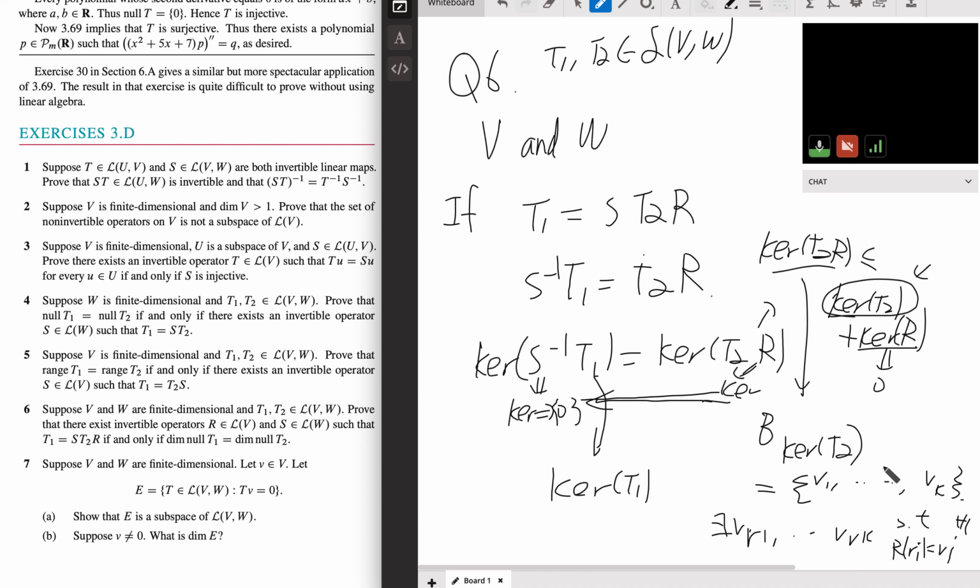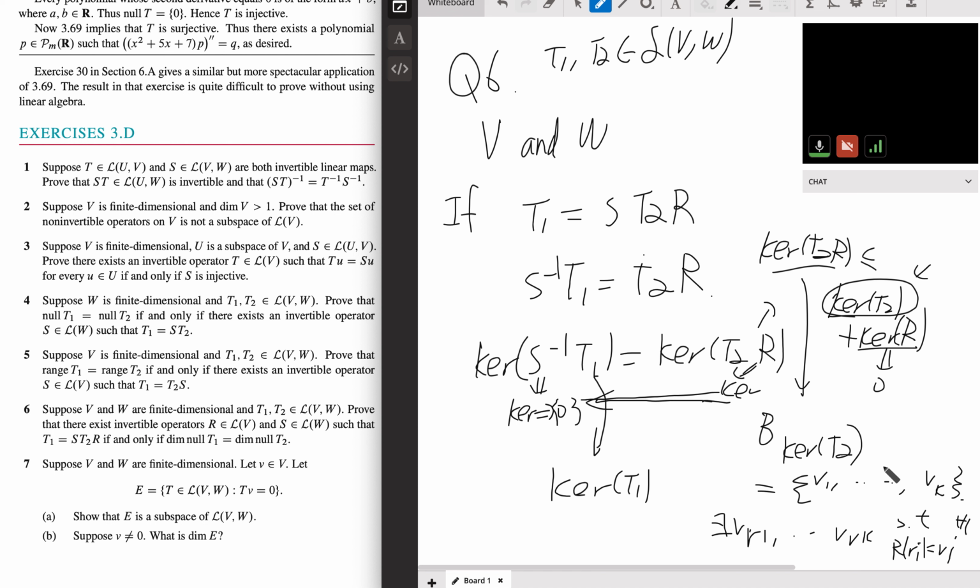And then it remains to show that vr1 through vrk are in fact linearly independent, which is the tough part. But v1 through vk is a linearly independent set. So if vr1 through vrk map to v1 through vk, then vr1 through vrk must also be linearly independent, because you need at least a vector space of dimension k to map to another of dimension k.